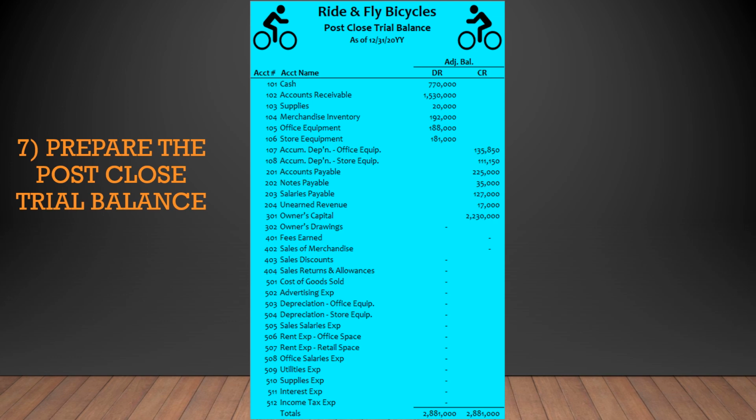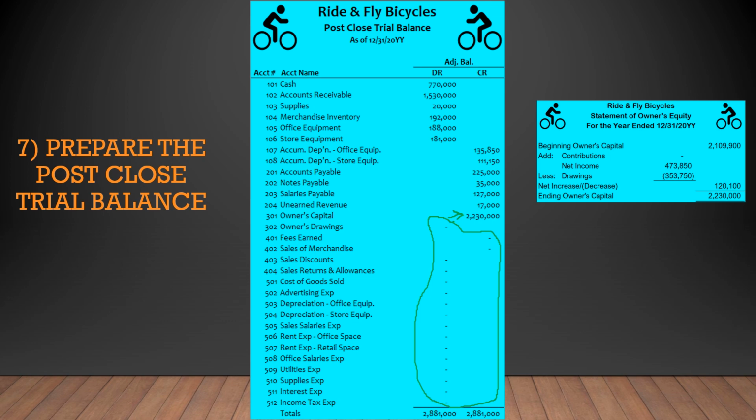Again, all the balances from our temporary accounts have been moved into the balance in owner's capital. Only our permanent accounts have balances going into the new year, and the ending owner's capital balance matches the calculated amount from the statement of owner's equity.